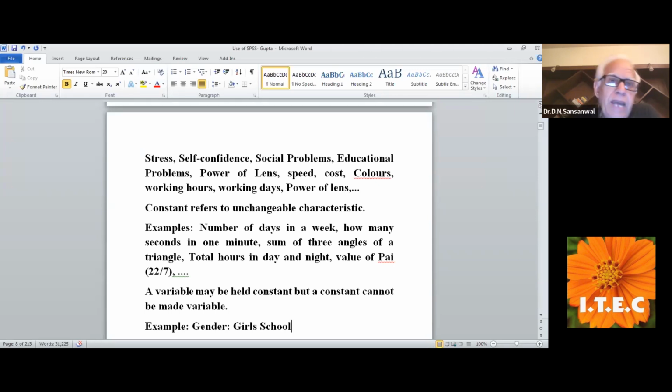Now I'm teaching you the research methodology. So the subject is being held constant. I'm not teaching you sociology, economics, psychology, management, physics, or chemistry. I'm only teaching you research methodology. So the subject is being held constant. I hope you have understood. Should I give you more examples to explain this thing, or is it clear?